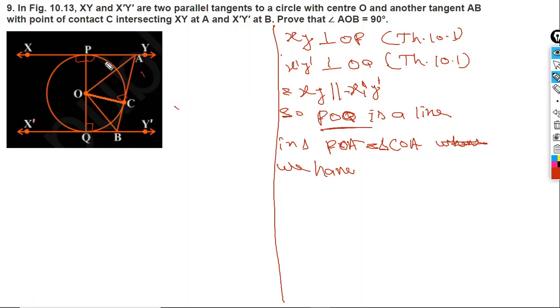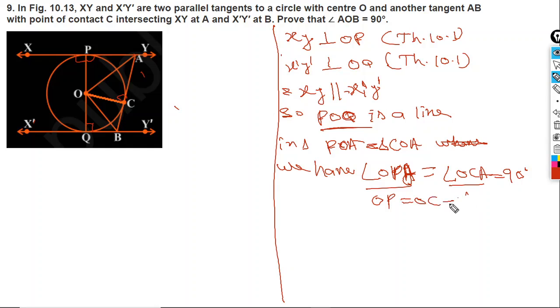You can write angle OPY equals angle OCA. You can write OPA also, OPY and OPA are the same. Better you write OPA. So angle OPA equals angle OCA, equal to 90 degrees. Then OP equals OC.